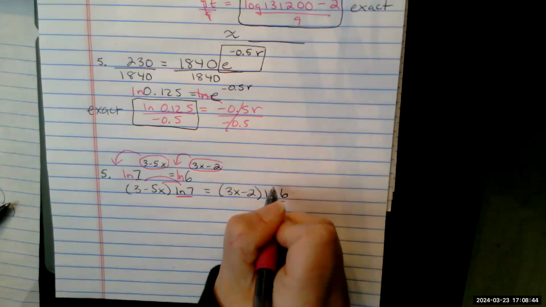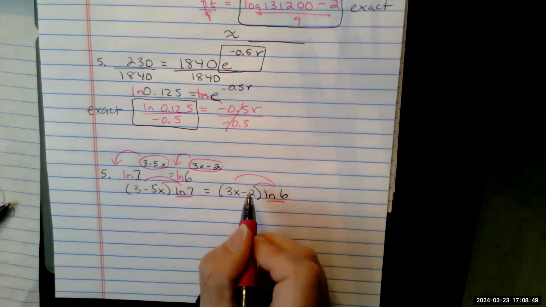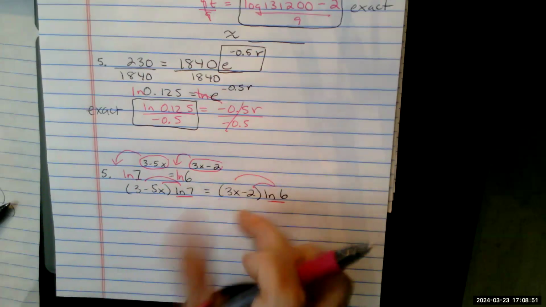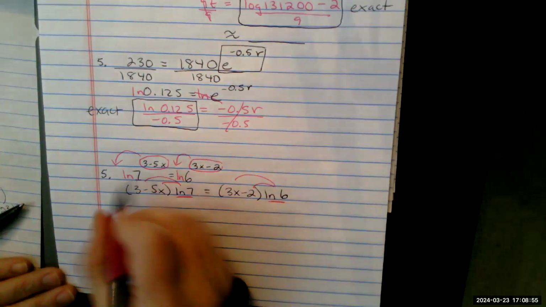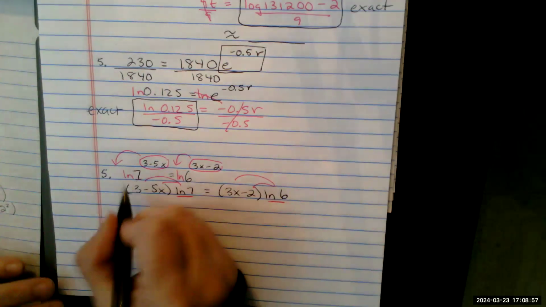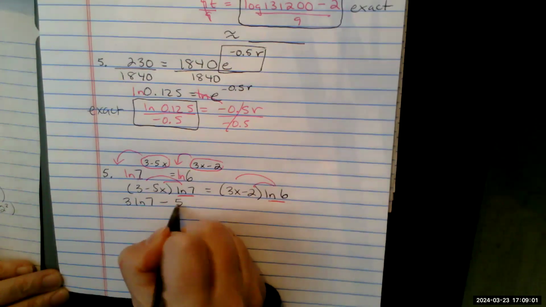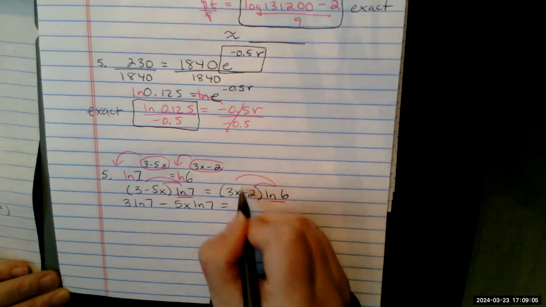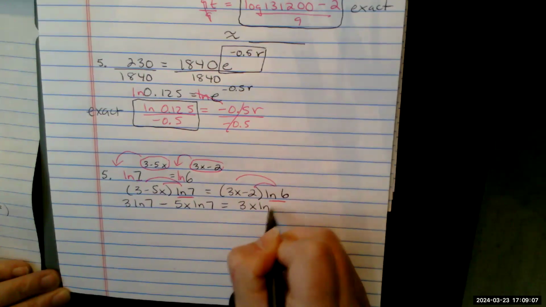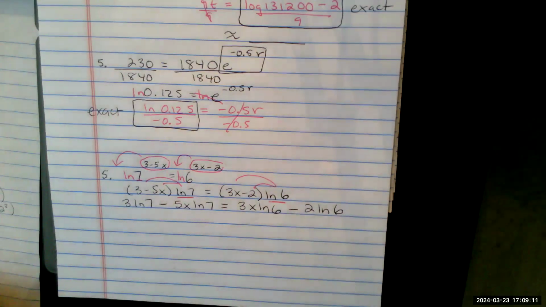So that's what we're going to do with these ln's, is we're going to distribute them inside these parentheses so that then our x's aren't stuck inside the parentheses. So that's going to give me 3 ln 7 minus 5x ln 7 equals 3x ln 6 minus 2 ln 6.